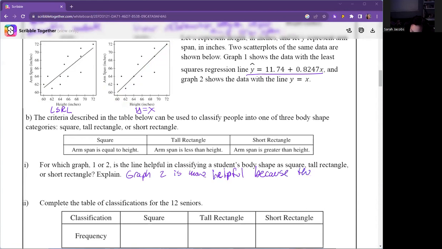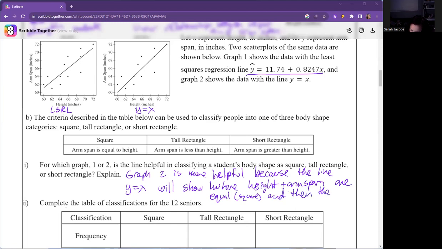Because the line y equals x will show where height and arm span are equal, which would be square, and then the dots above are short rectangles because the arm span is greater than the height, right?